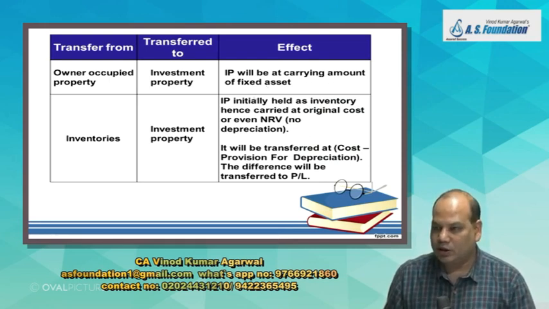IP will be at the carrying amount of PPE. Fourth, write down: inventories to investment property, IP.